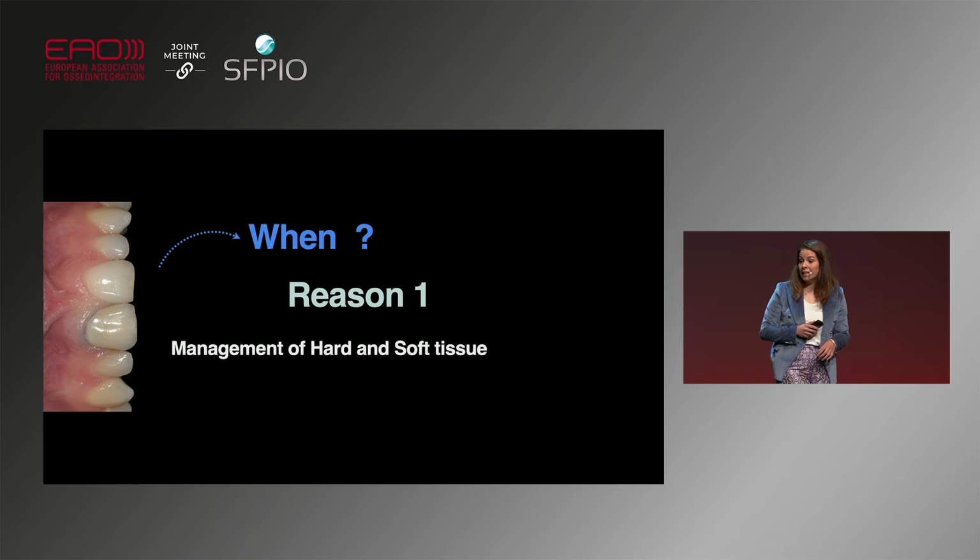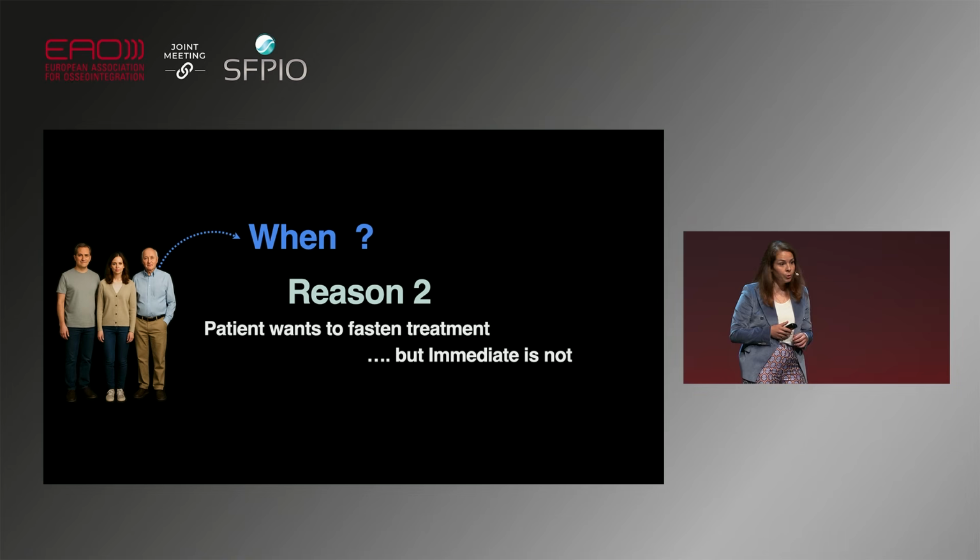One reason is management of hard and soft tissue. That is one of the first things we have to look at when we have hard or soft tissue defects, and sometimes we cannot solve that together with the implant. Second, maybe the patient wants to fasten the treatment, but at the same time, immediate implant is not possible. So that could be a solution to give to our patients.